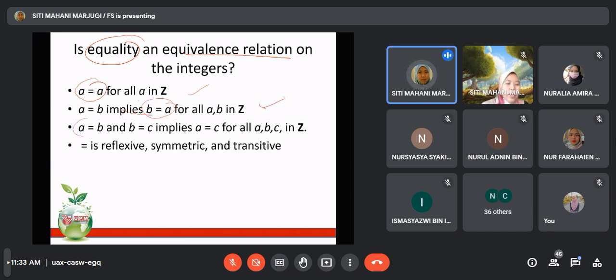And if A equals B and B equals C, then A equals C. So all three properties are satisfied. Equality is reflexive, symmetric and transitive, so equality is also an equivalence relation.